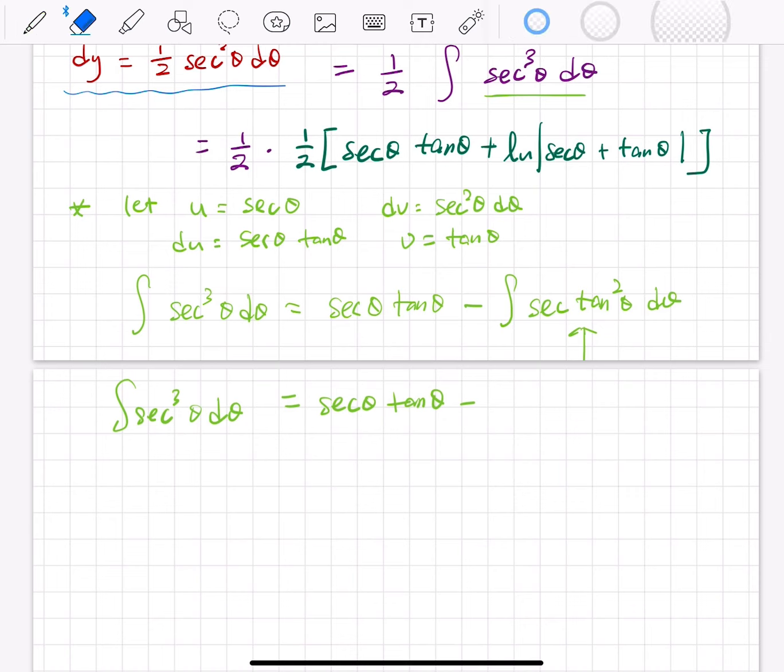Oh, actually, do we have to do another integration by parts? We do not need to.